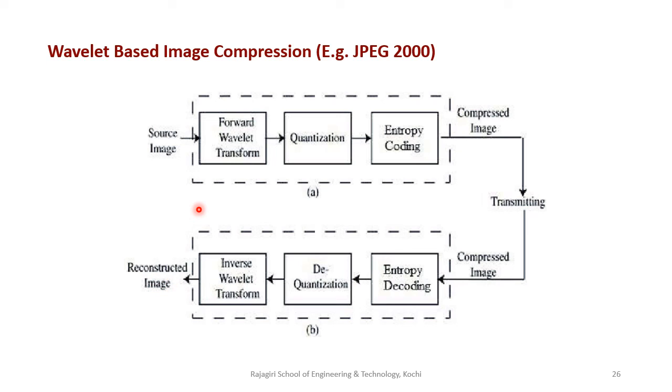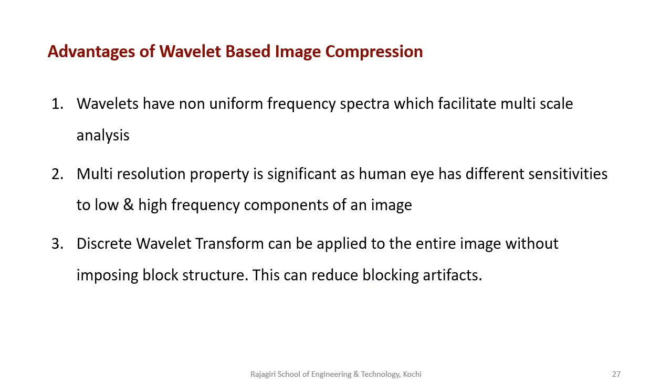The main advantage of using wavelet transform is that you are able to represent the image in a multi-resolution representation, which is desirable for image compression. The advantages of wavelet-based image compression are as follows.